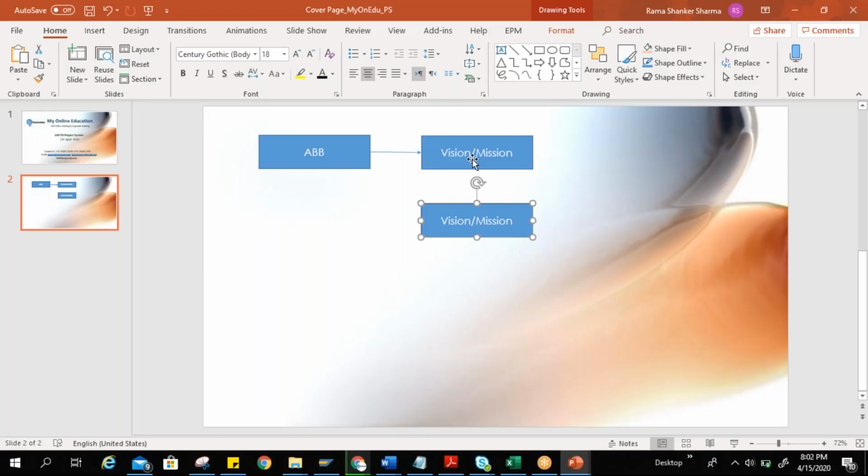Some organizations are very keen to do social work, or whenever they do any project, they keep their brand value in mind. So when ABB is doing any project, this is a business strategy.